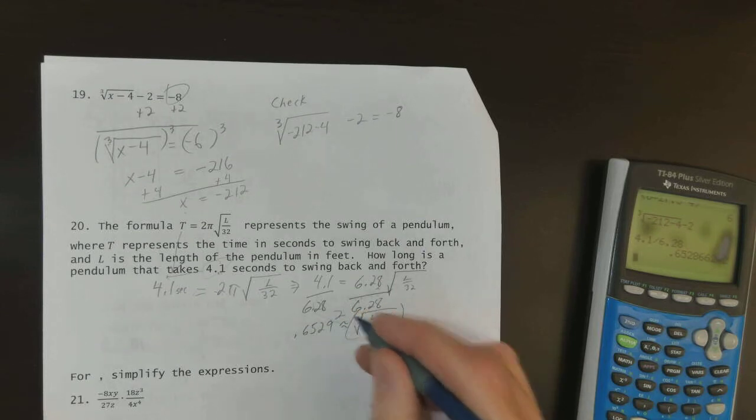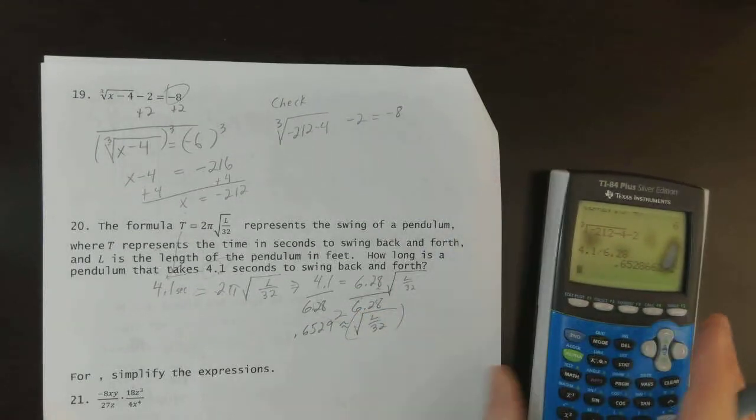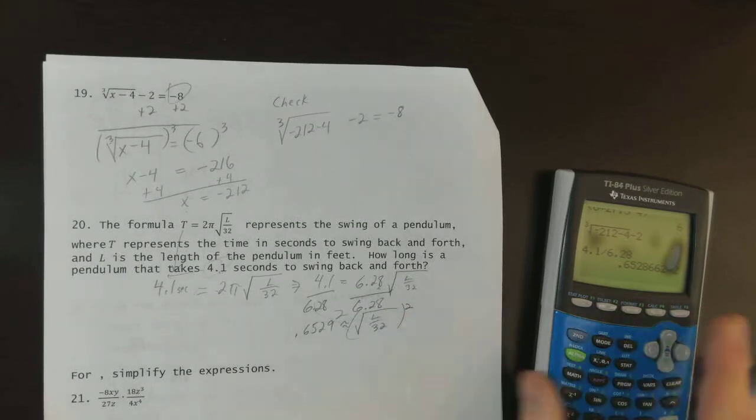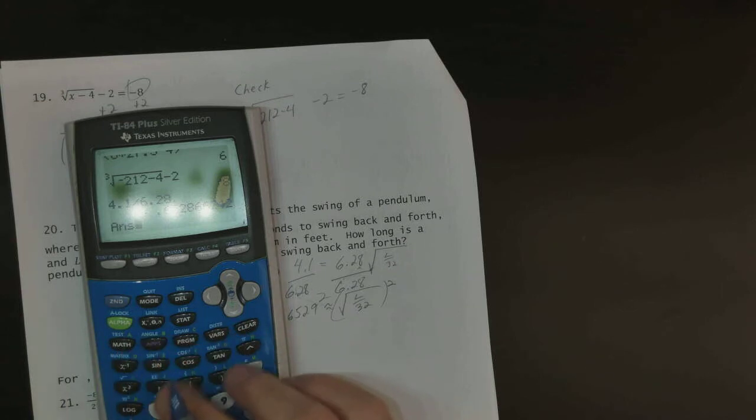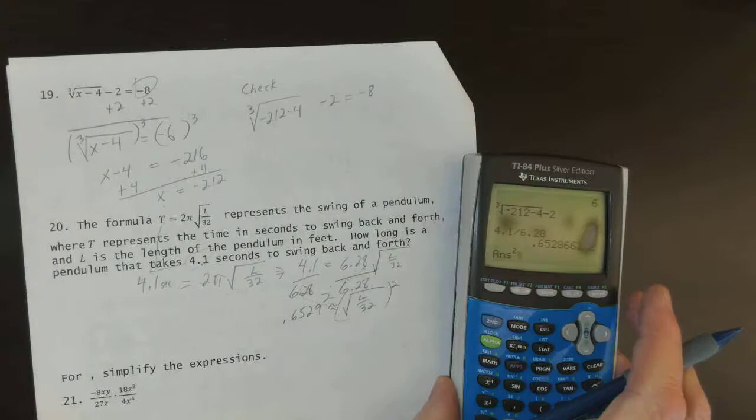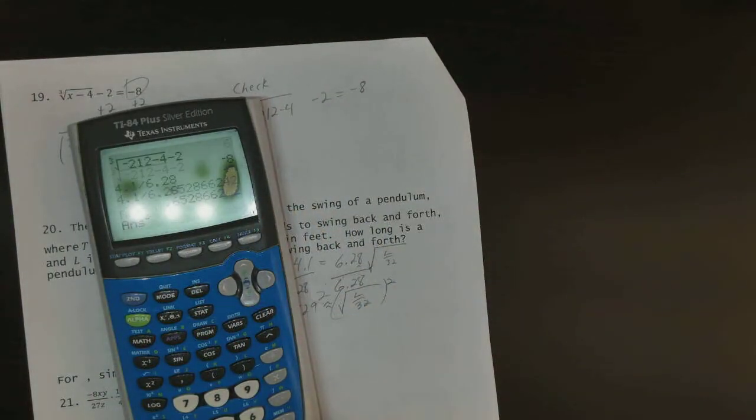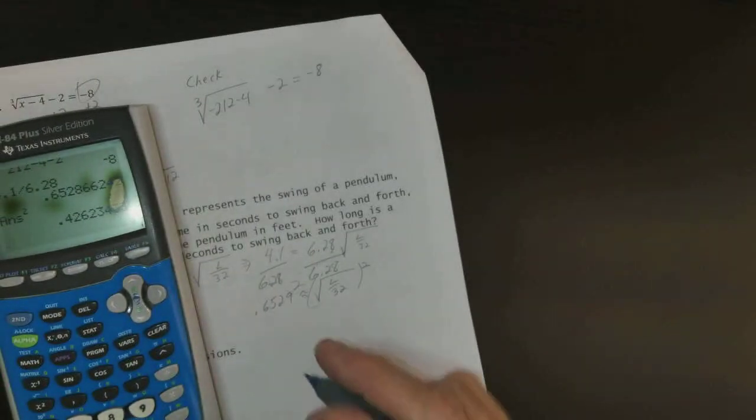Now let's raise both sides to the 2nd power so we can get rid of that square root. Answer to the 2nd power. Okay.